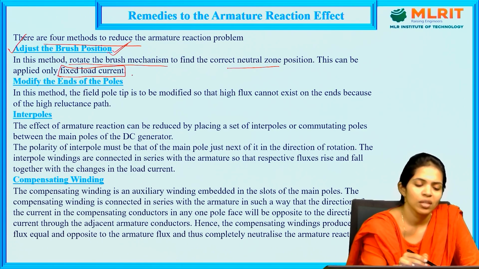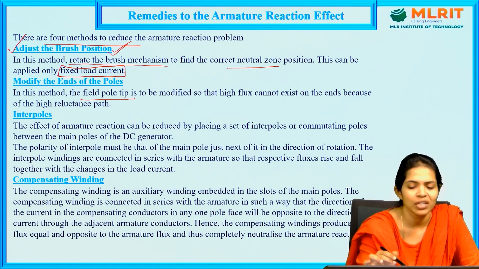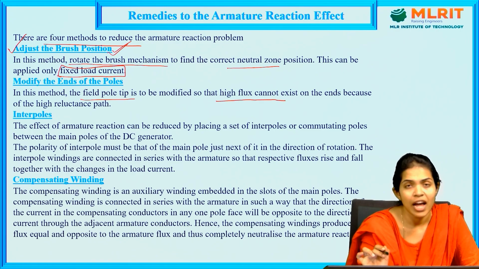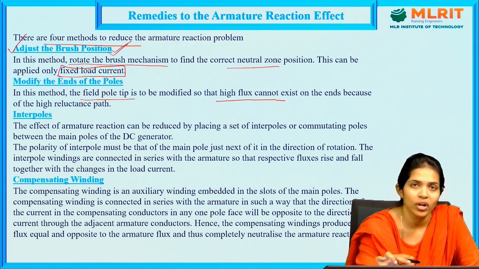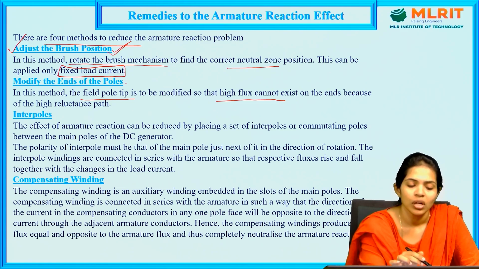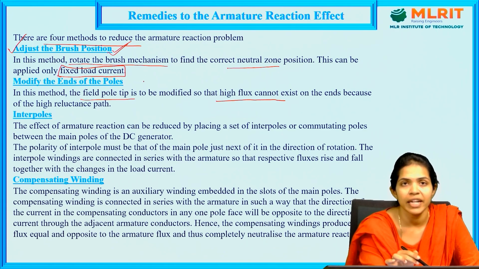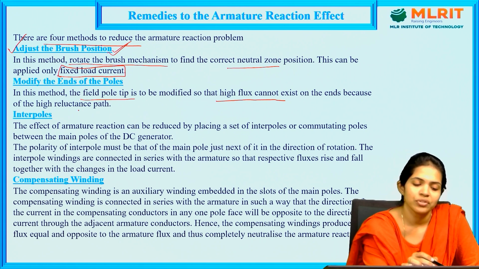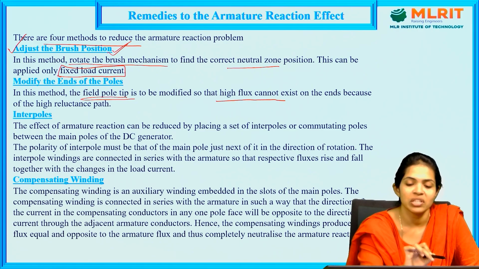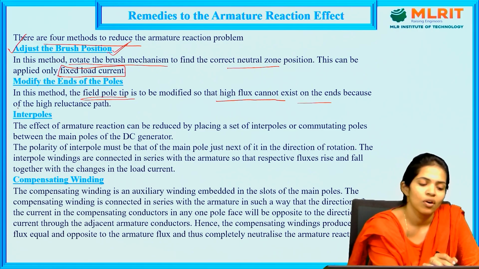In this method, the field pole tip is modified so that high flux cannot exist at one point while at the other point we see a low intensity of flux. In order to avoid the different intensities of flux seen at the leading pole tip and the trailing pole tip of the field poles, we have to adjust the field pole tips in such a way that high flux cannot exist at the ends because of the high reluctance part.